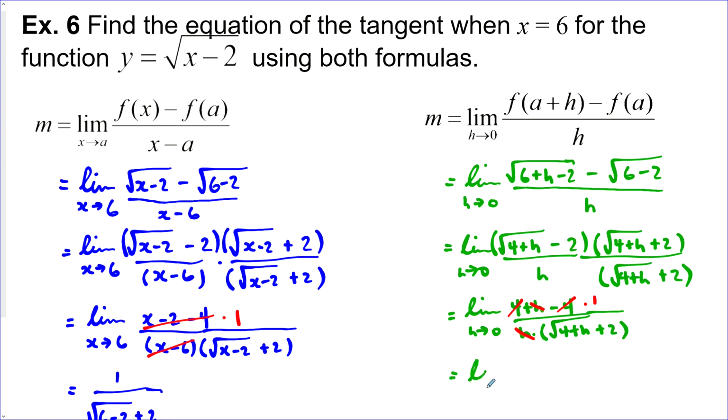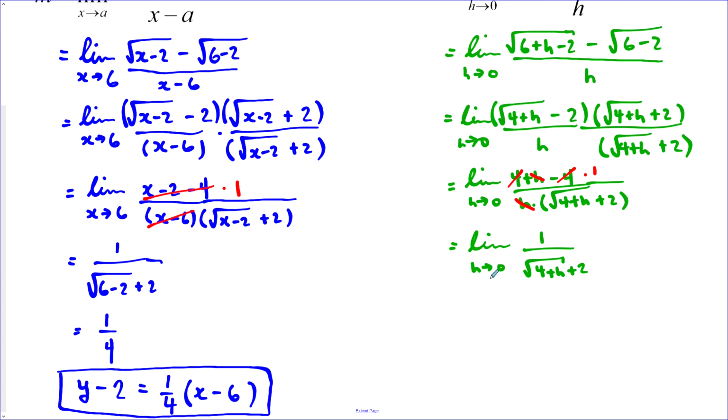So we will have the limit as h approaches 0, 1 over the square root of 4 plus h plus 2. Now we can let h approach 0, so we'll get 1 over root 4 plus 2, which is just 1 over 4. Now we are using the same point, so this will be the same equation that we come up with.